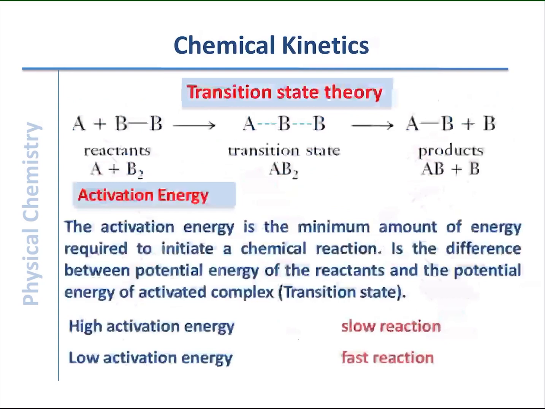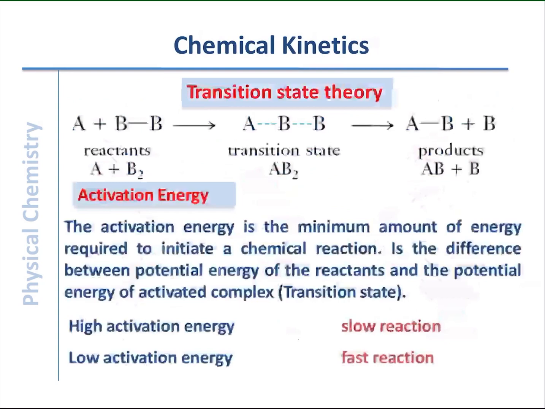What is the transition state theory? For a reactant A to react with B, there is a transition state between the reactants and products. What is activation energy? The activation energy here is the minimum amount of energy required to initiate the chemical reaction.